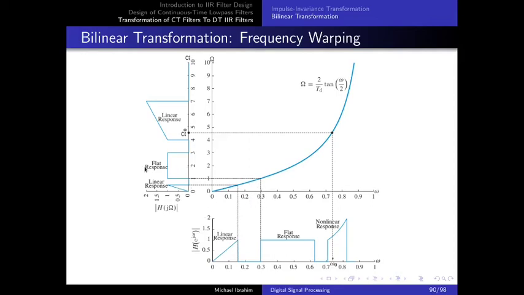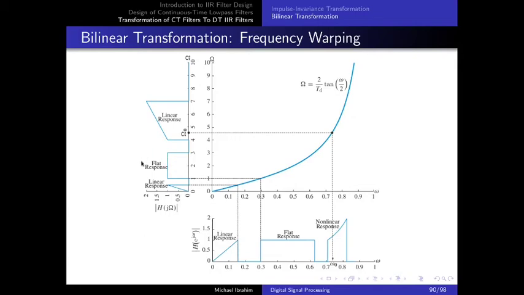Therefore, if we have a linear response over here in the continuous time, it will be mapped into a linear response in the discrete time due to the approximately linear relation between capital omega and lowercase omega. But for larger values of lowercase omega, we will have a nonlinear relation.